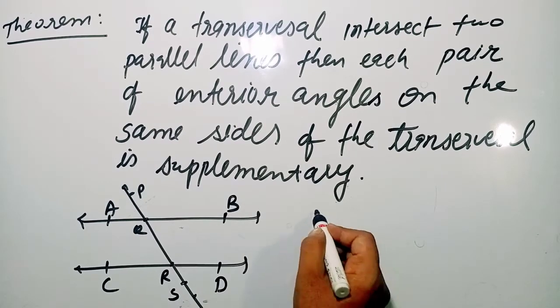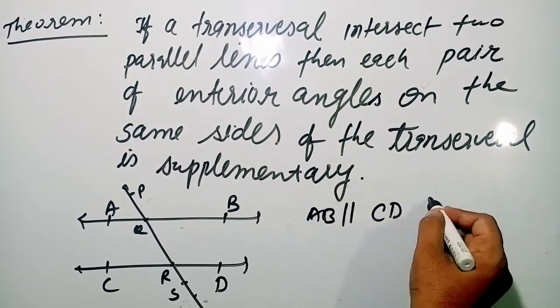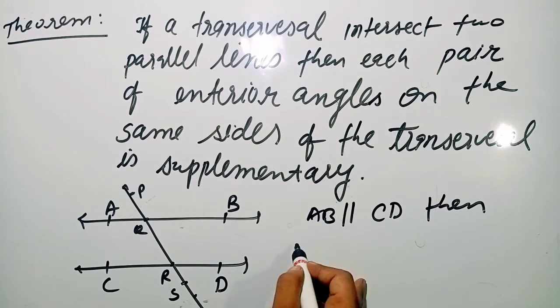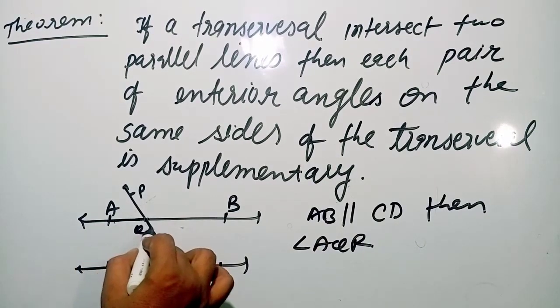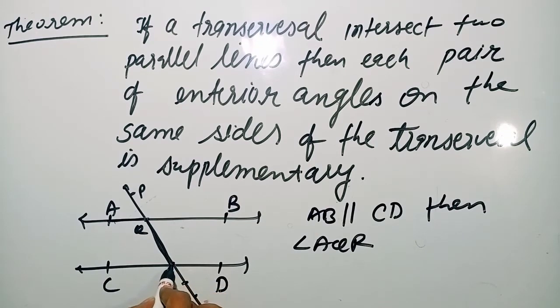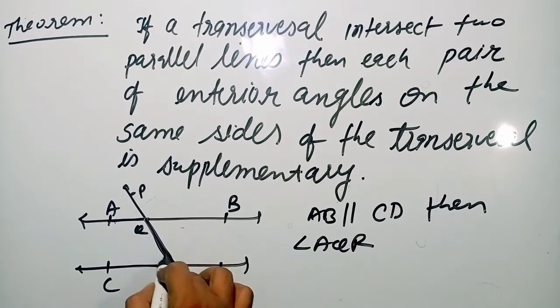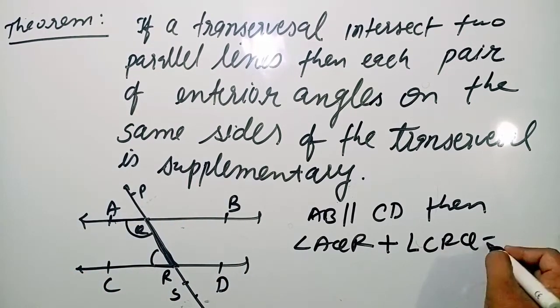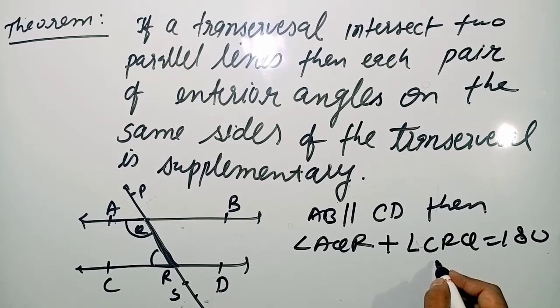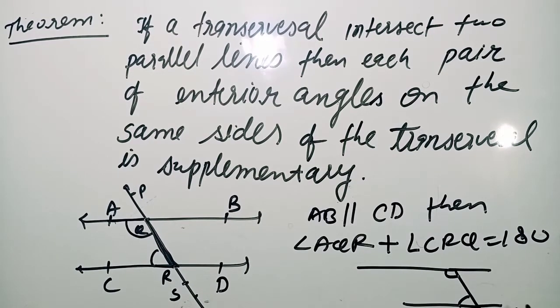It is already given that AB is parallel to CD, so the sum of angle AQR and angle CRQ is 180 degrees. So these two angles are supplementary. Supplementary means the sum of these two angles will be 180 degrees.